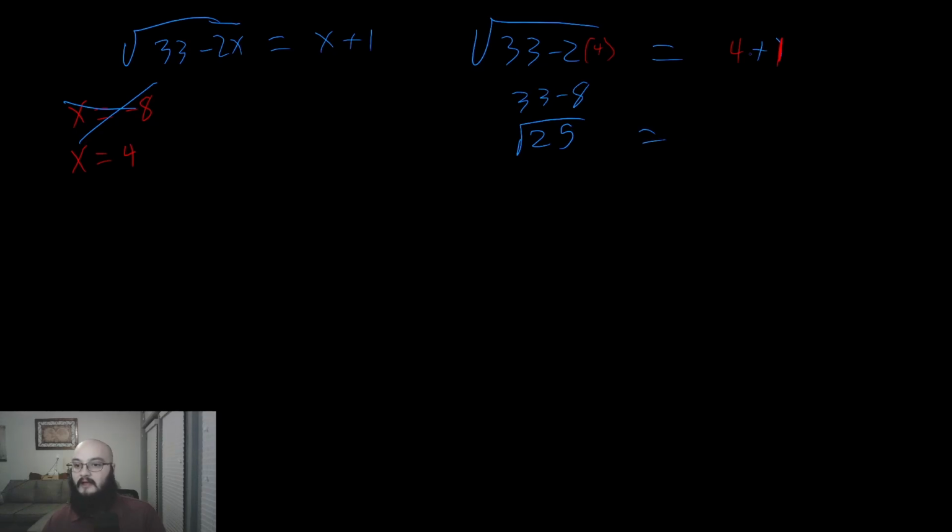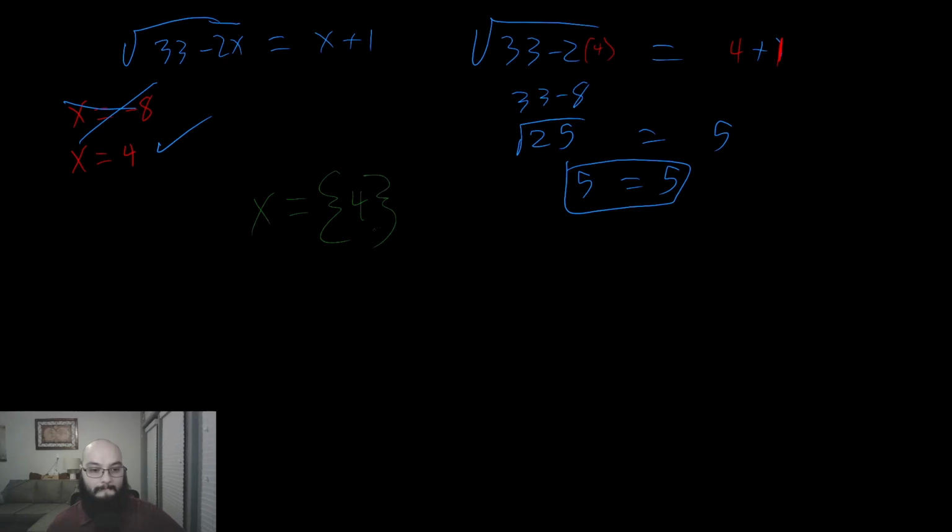Square root of 25. 4 plus 1 is 5. Square root of 25 is 5. 5 is equal to 5. That makes sense. x is equal to 4 is a valid solution. All right, so we will write out our solution set. x is equal to 4.